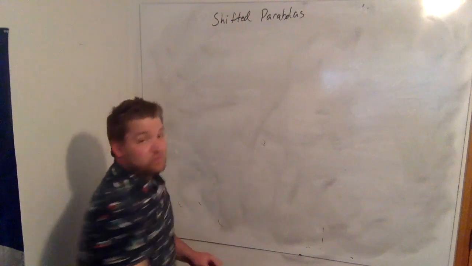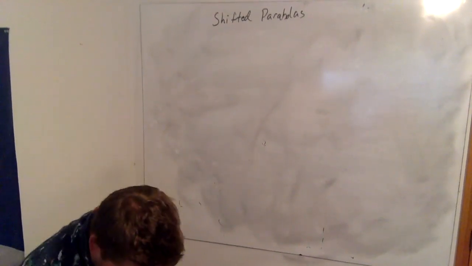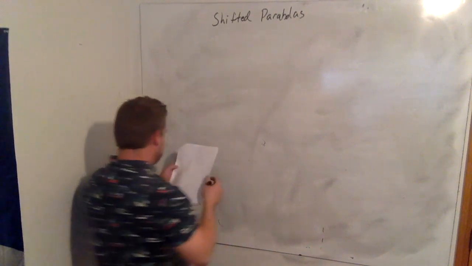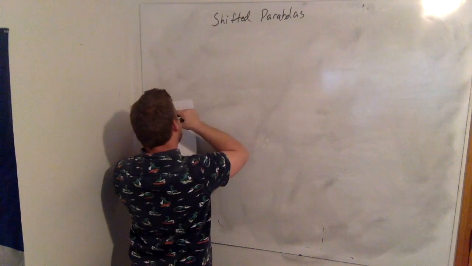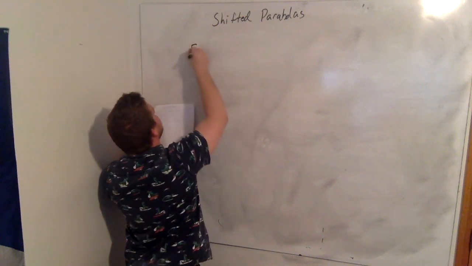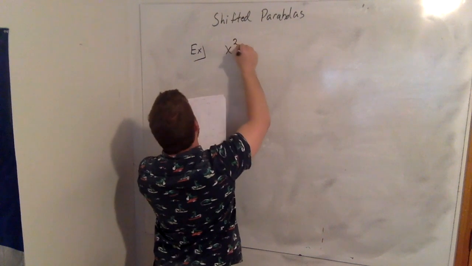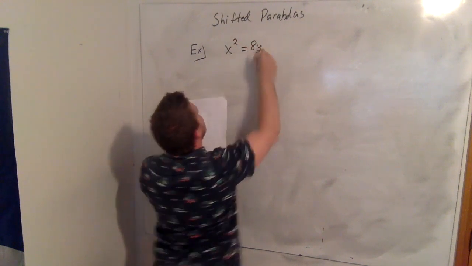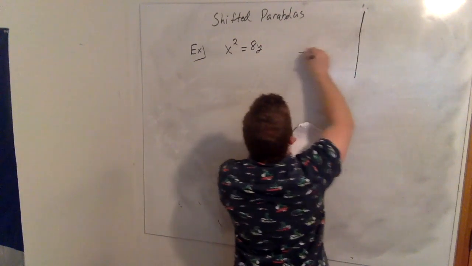What we want to do is shift the vertex of the parabola away from the origin. Let's do an example. Let's say that we have the parabola x squared is equal to 8y. We could do just a loose sketch of this one here.